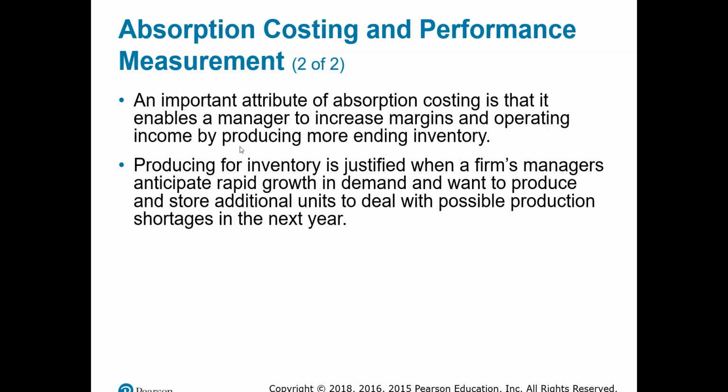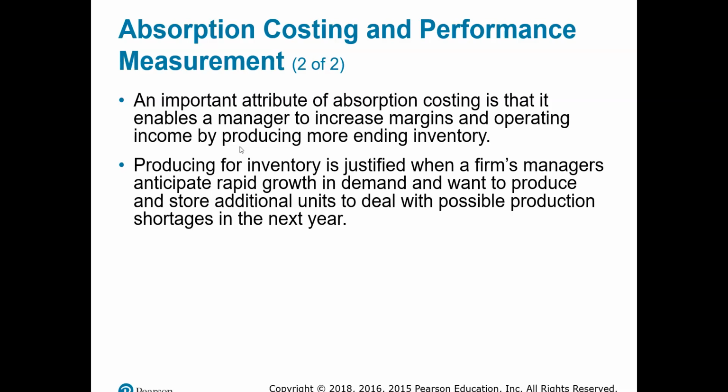So it looks like I'm more productive, but if all that stuff is going to sit in ending inventory, then yes, my operating income is going to be higher if I'm judged by absorption costing operating income. Because a lot of those costs are sitting on the balance sheet, they're not expensed off, so my operating income is going to be higher.